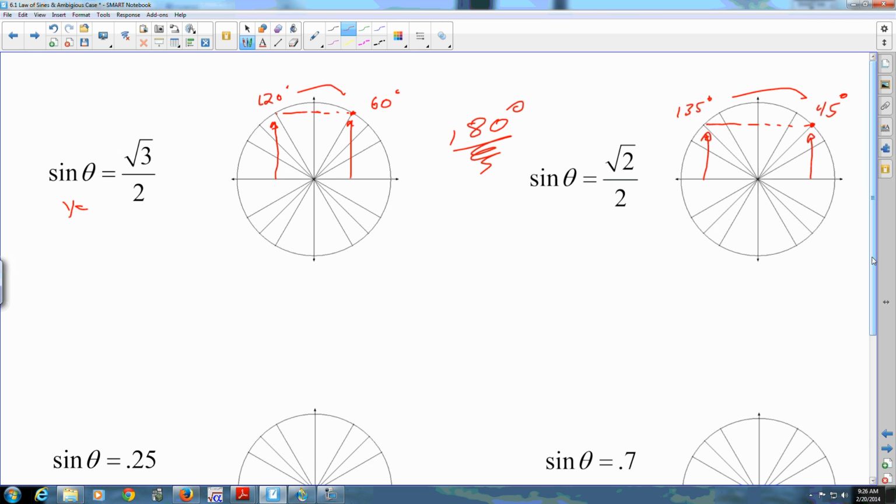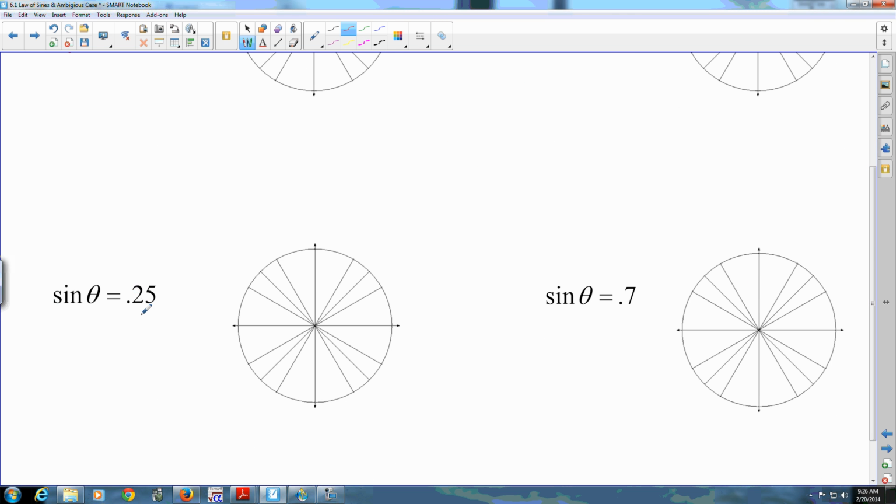Okay? So what happens when you have information that's not on the unit circle? Well, you have to inverse sine this. So inverse sine of 0.25 is going to yield about, I believe it was about 14 degrees. So let's go inverse sine of 0.25. And you got, yep, it's about 14.5 degrees. There's another angle that will generate exactly the same y value. And it's going to occur right here because it's directly across.